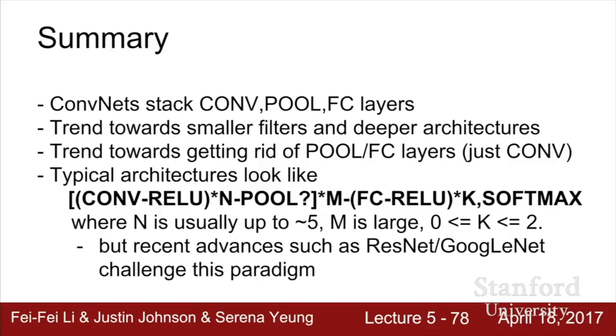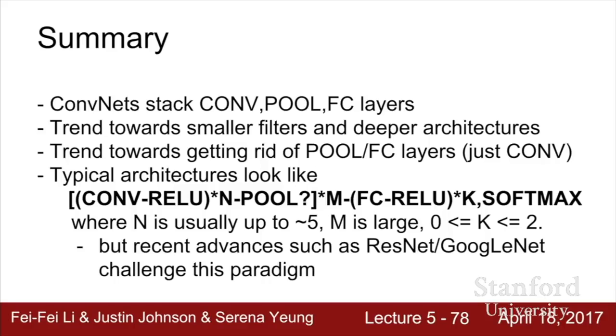And then typical architectures again look like this. As we had earlier, conv ReLU for some n number of steps, followed by a pool every once in a while. This whole thing is repeated some number of times, and then followed by the fully connected ReLU layers that we saw earlier, one or two or just a few of these, and then a softmax at the end for your class scores.